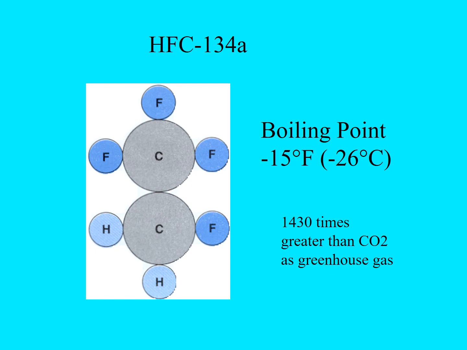The 1430 seems to come from the California Research Board and the EPA. So this is the number that they're using to show how many times greater it is as a greenhouse gas. So this is being used today in a lot of vehicles, but it's being changed over to the next refrigerant we're going to take a look at.